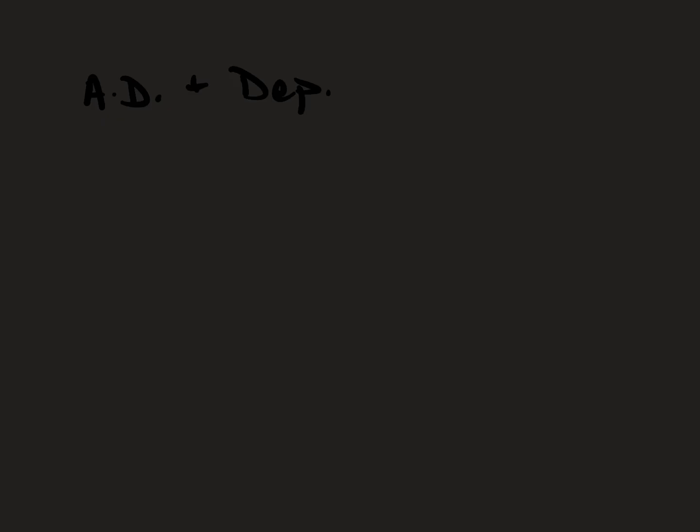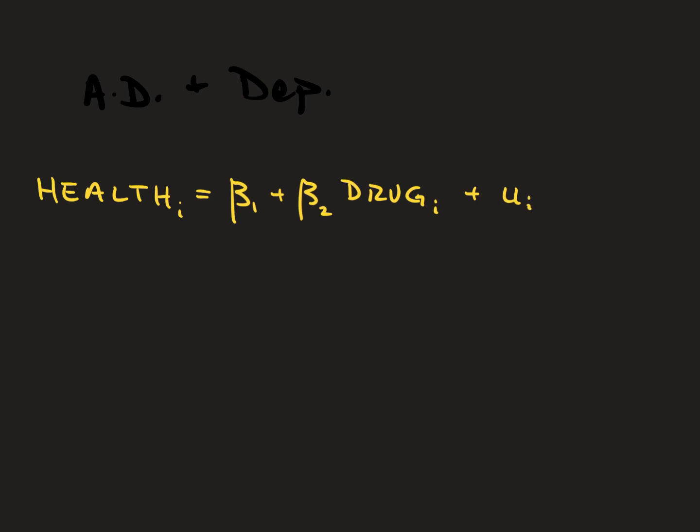Think of the example that I brought up where we're trying to relate a medicine to a health outcome. So we want to estimate the effect of some medicine, so-called drug, on a measure of health. So the health of patient i is a function of whether patient i takes a drug.